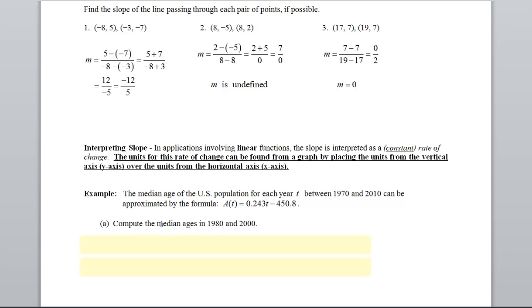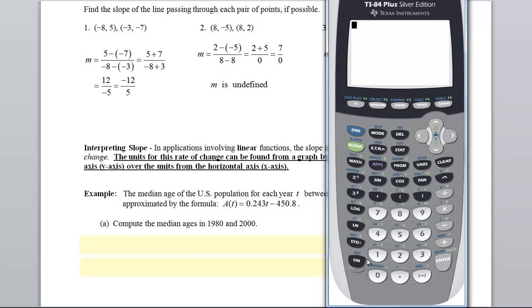Now it says compute the median ages in 1980 and 2000. Well, my T here is time, and that's my years. So they're wanting me to put 1980 into my function. So let me get my calculator. I'm going to put 1980, I'm going to store it in. Let me type in my problem. 0.243.